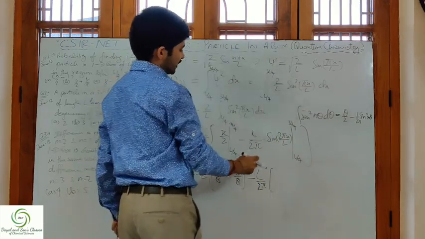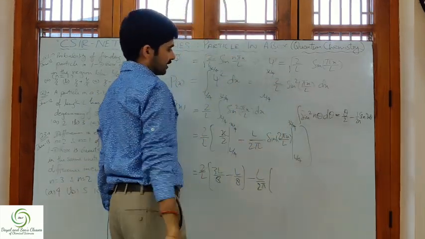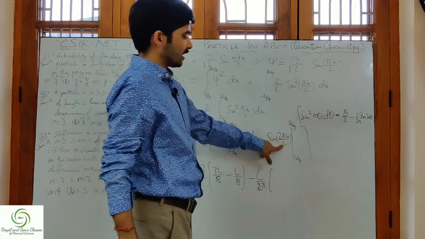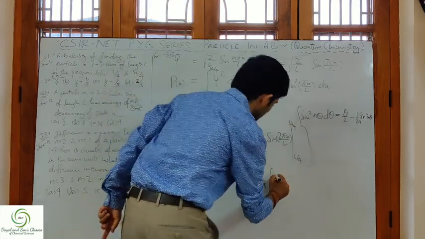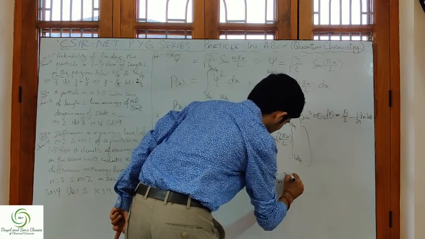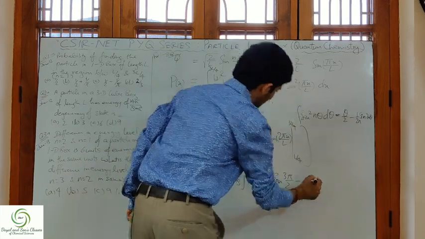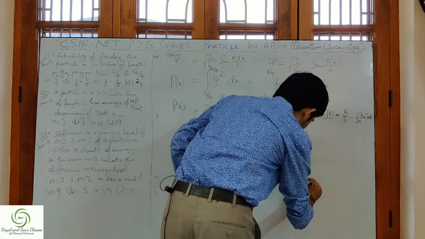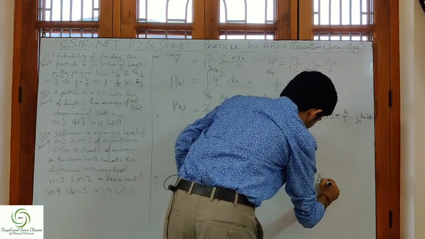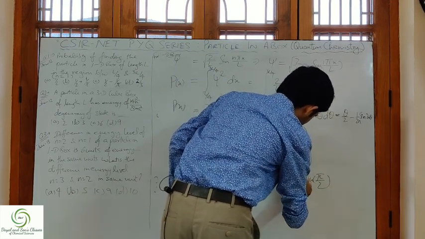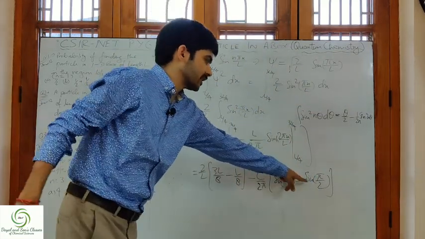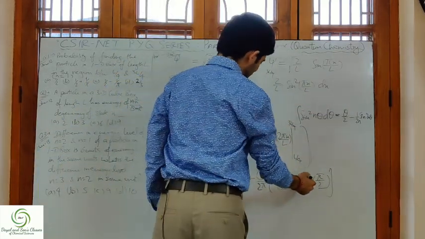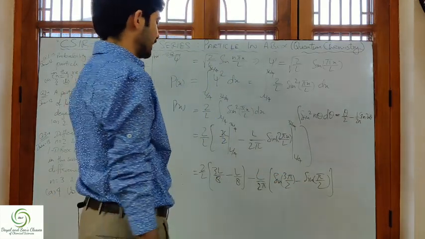Now, first we will put x equal to 3L by 4. L and L get cancelled, and we get sine 3 pi by 2 minus sine of pi by 2. Now when we put L by 4, we get sine pi by 2. This is 1 and sine 3 pi by 2 is minus 1.